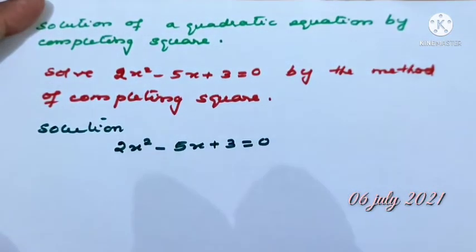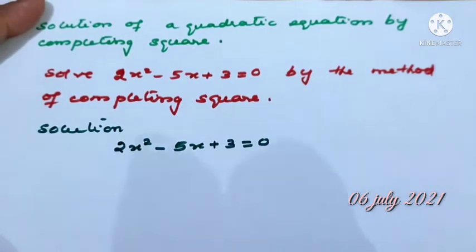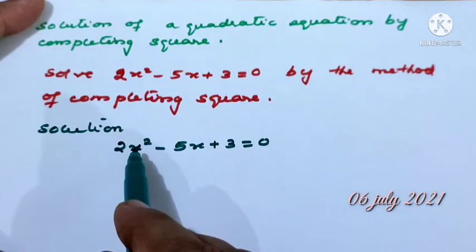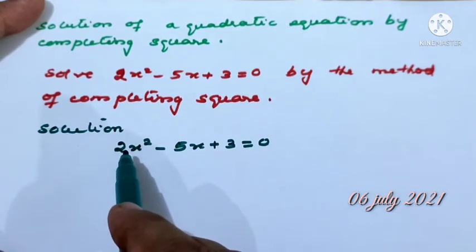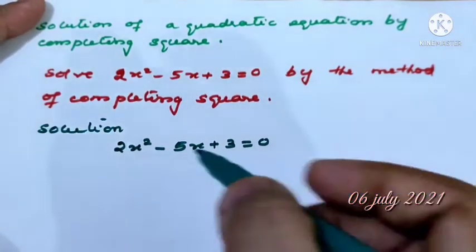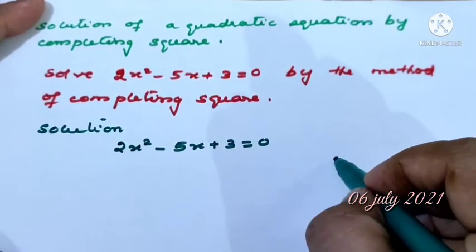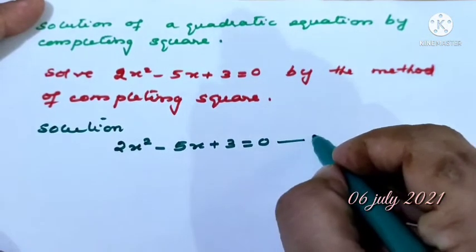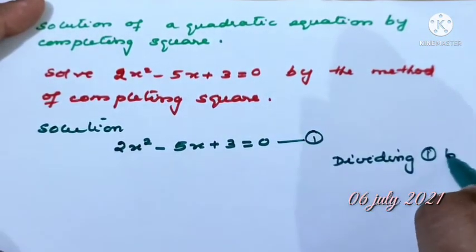The first step is to check whether the coefficient of x square is equal to 1 or not. If it is 1, no problem, we can continue. But here the coefficient of x square is 2, so we should divide throughout the equation by 2.